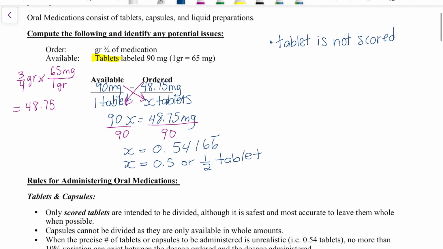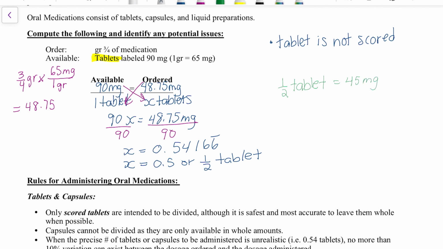If we look at that here, if we do half a tablet, how much medication are they actually getting? Half a tablet is going to be equal to 45 milligrams of medication.